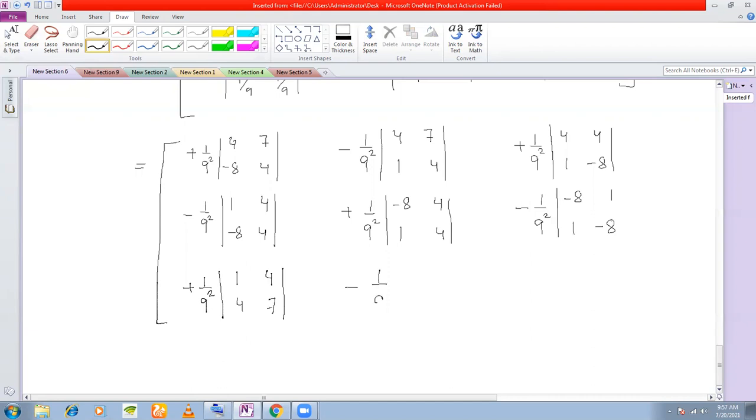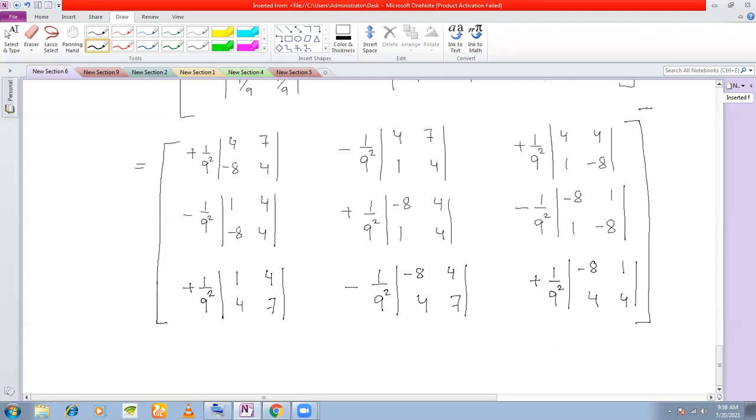Minus sign, minus 8, 4, 4, 7. And again with a plus sign, you get minus 8, 1, 4, 4. This matrix and with a transpose.